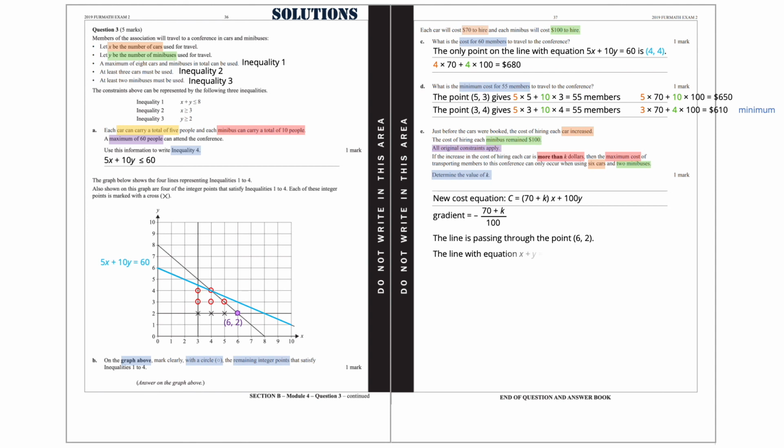The line with equation x plus y equals 8 is also passing through the point 6 and 2. x plus y equals 8 has gradient negative 1. Therefore, negative 70 plus k over 100 is less than negative 1. We solve this inequality and we end up with k equals 30.